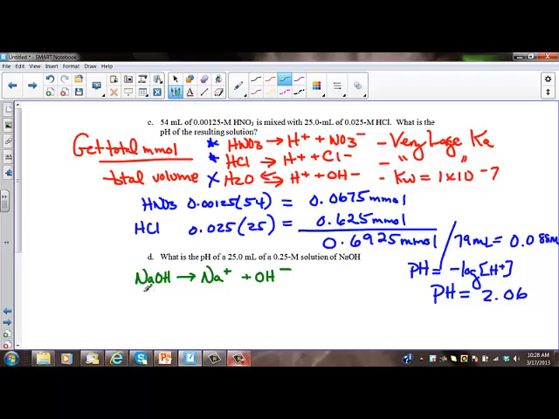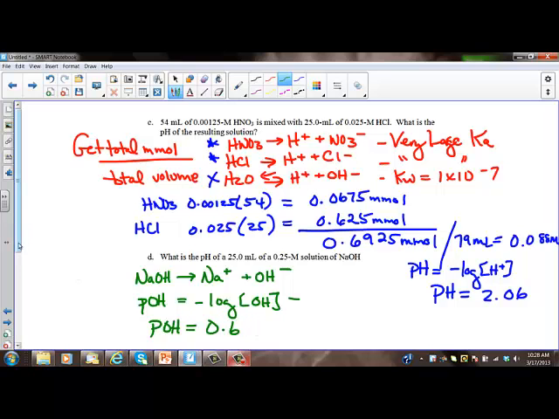So in a strong base, you're just going to do your pOH is equal to the negative log of the OH minus concentration. So our pOH, the negative log of 0.25, gives us a pOH equal to 0.6.